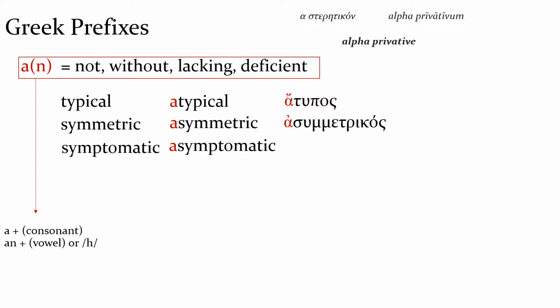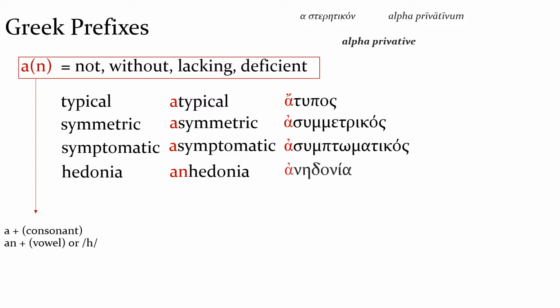Symptomatic, a word that we all came to know very well throughout the pandemic, the opposite of which is asymptomatic, asymptomatikos. Hedonia, a word that many people probably don't know, just means pleasure. Anhedonia, the inability to experience pleasure.